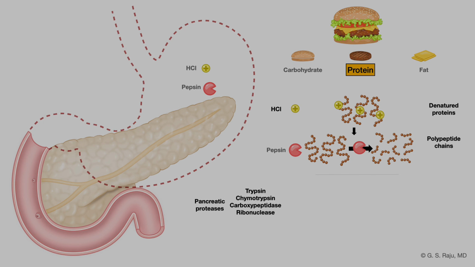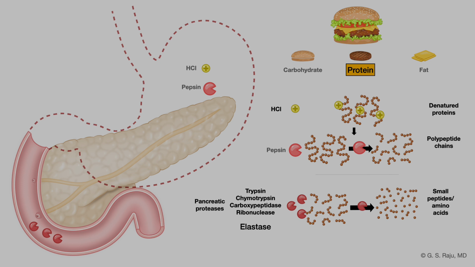So we see trypsin, chymotrypsin, carboxypeptidase, and ribonuclease. In addition, there is elastase. So what do these pancreatic proteases or proteolytic enzymes do? They break down the polypeptide chains into smaller peptides and amino acids. And these in turn are absorbed by the small intestinal villi.